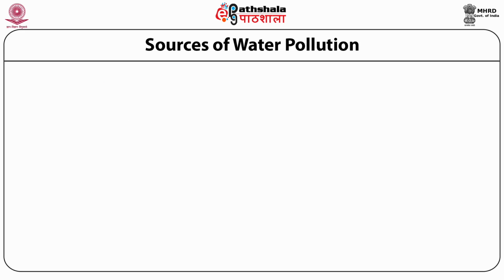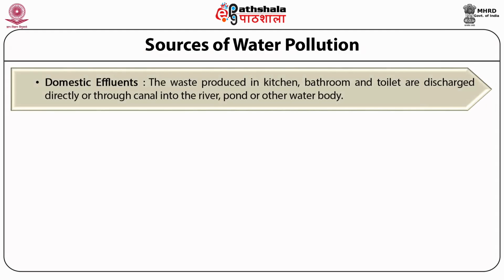Sources of water pollution. The pollution caused by various human activities can be broadly grouped into four categories. First is domestic effluents. The waste produced in the kitchen, bathroom and toilets is discharged directly or through canals into the river, pond or other water body.